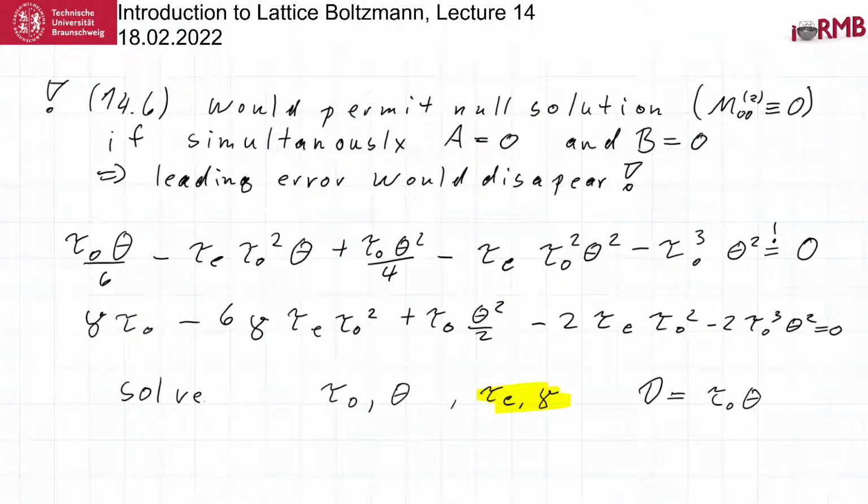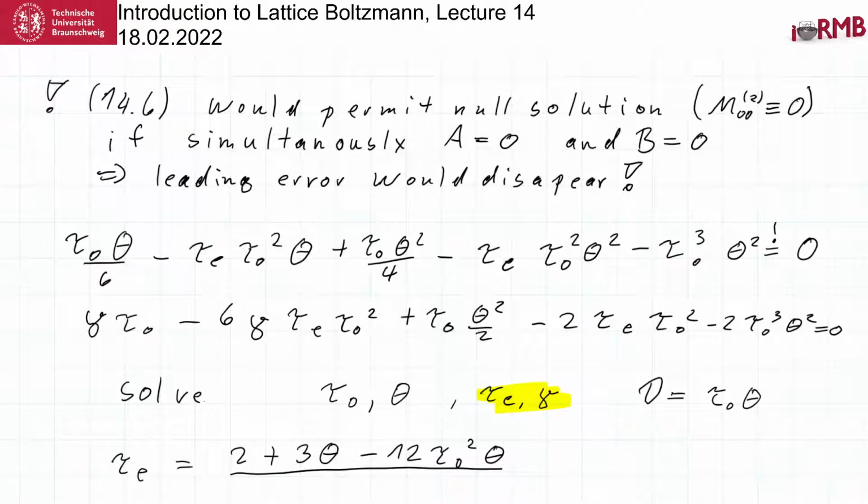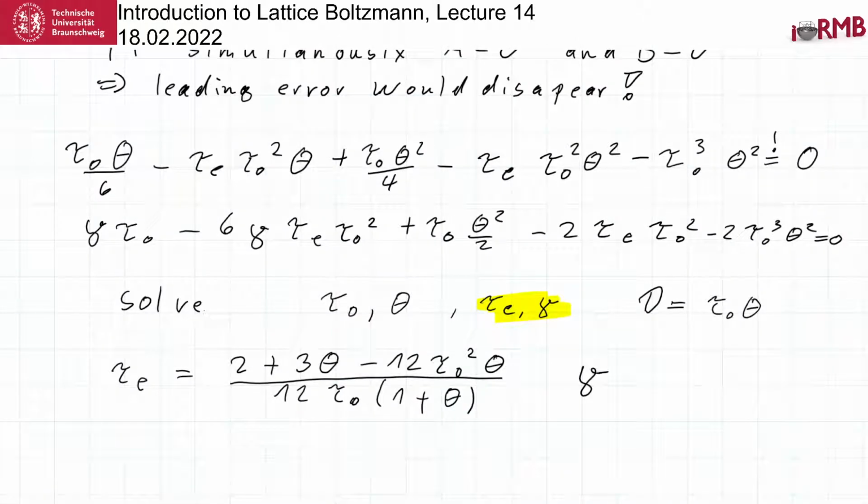If we do this, this is what we get for tau even: 2 plus 3 theta minus 12 tau odd square times theta, divided by 12 tau odd, 1 plus theta, and we get gamma equal to theta 1/3.